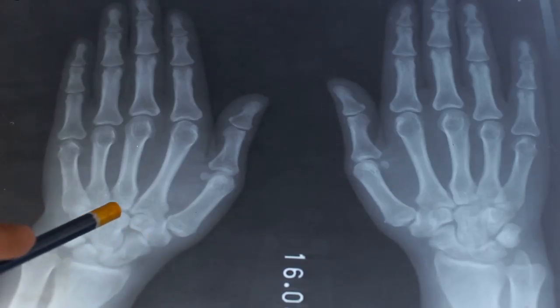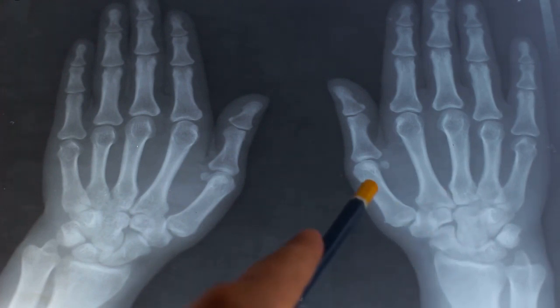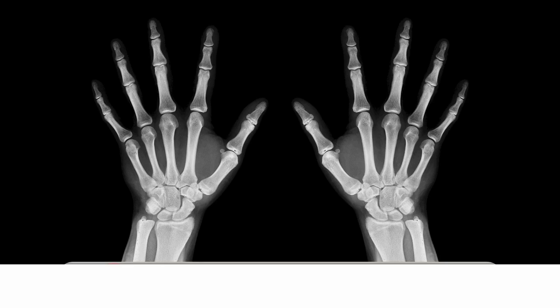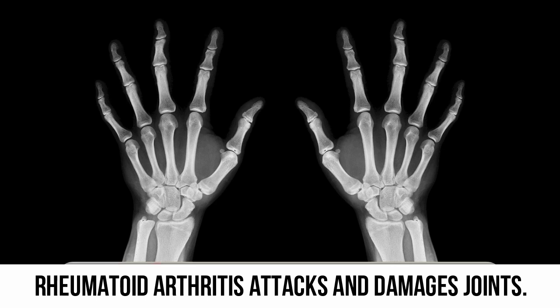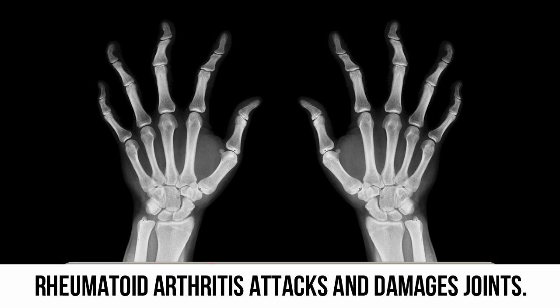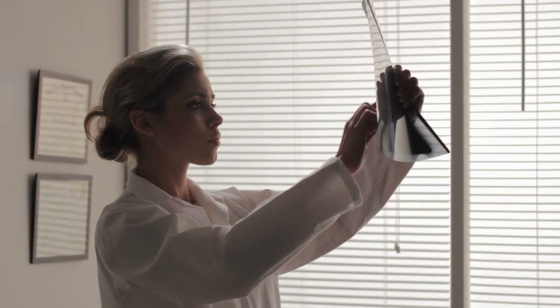So to diagnose arthritis, your doctor will consider your symptoms, perform a physical examination to check for swollen joints and/or loss of motion, and use blood tests and x-rays to confirm the diagnosis. X-rays and blood tests also help distinguish the type of arthritis.